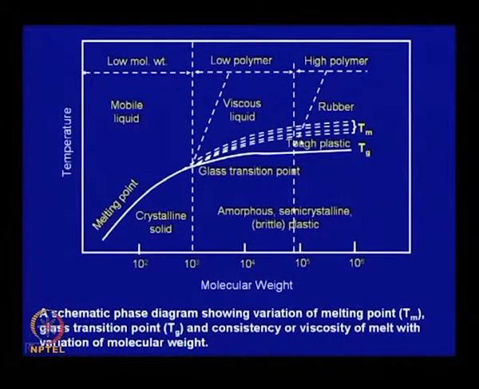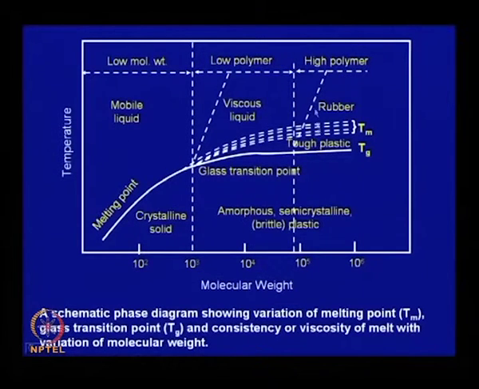So it can absorb the shock, it can absorb the impact load, and this will continue till the melting transition. Beyond the melting transition, it can be mobile liquid, maybe viscous liquid. Again that is related to the molecular weight of the polymer also.